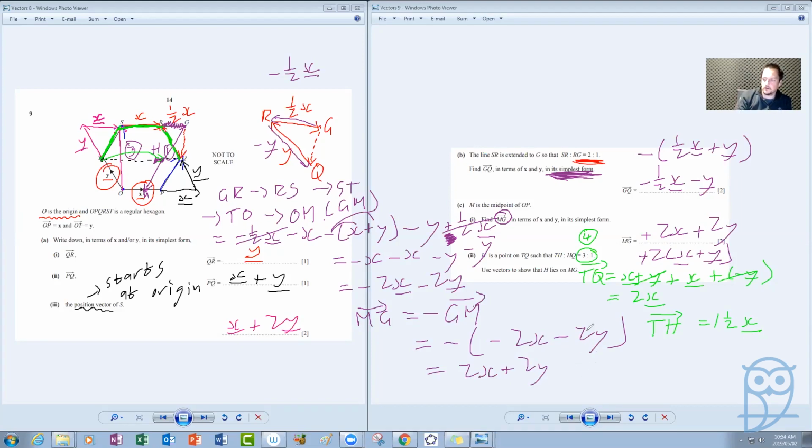But how can we find that it's on the line? So if we have a look at MH, so there we go, MH is that one. How can we find that length?